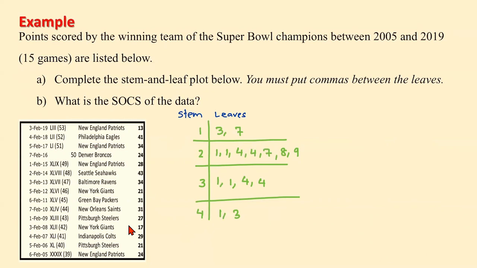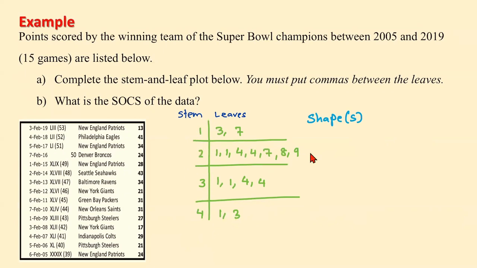Let's talk about SOCS briefly here. S means the shape. If we quickly look at this one, the lower numbers are on the left side. If we rotate this, this side is right, that side is left.